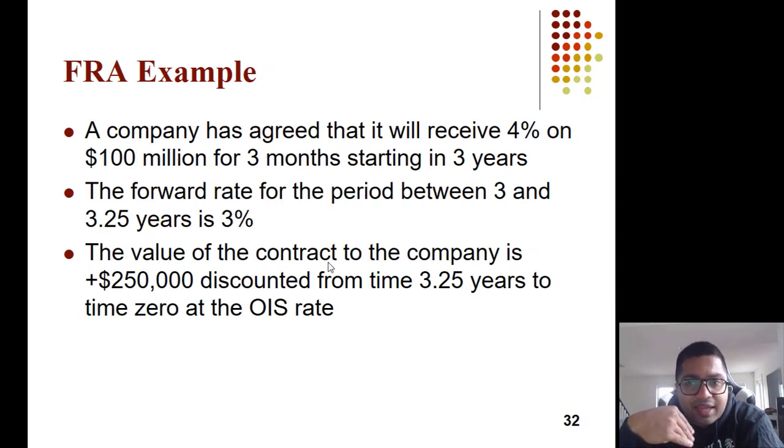Sometimes you receive fixed and pay floating, and sometimes you receive floating and pay fixed. In this case, you are receiving fixed but paying floating. So whenever the interest rate goes up, you will suffer a loss. When the interest rate goes down, you will make money.